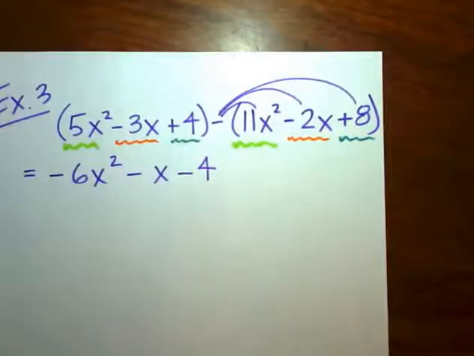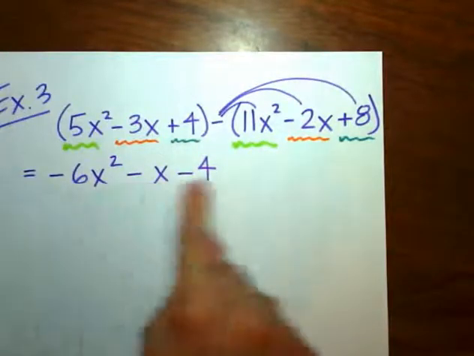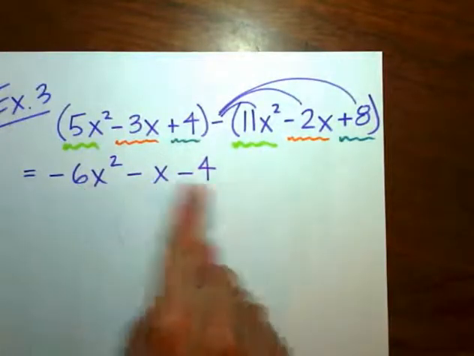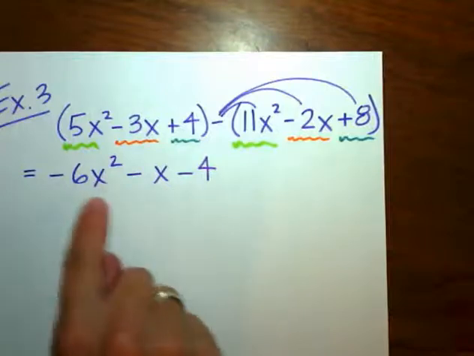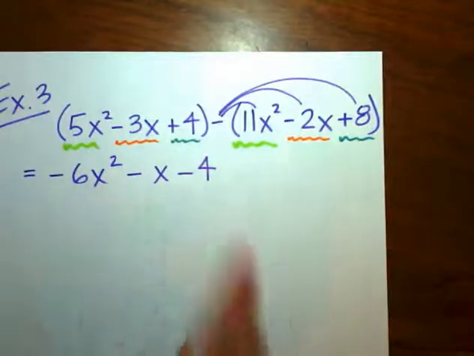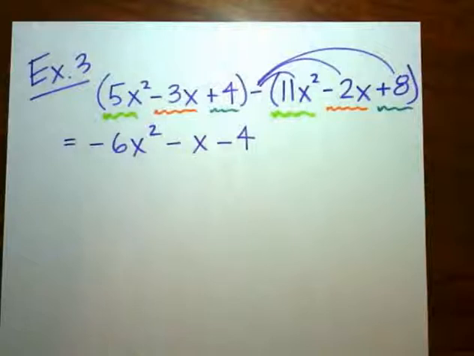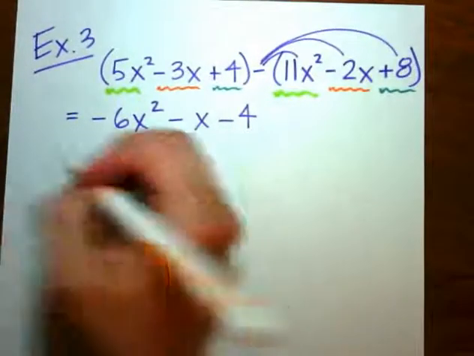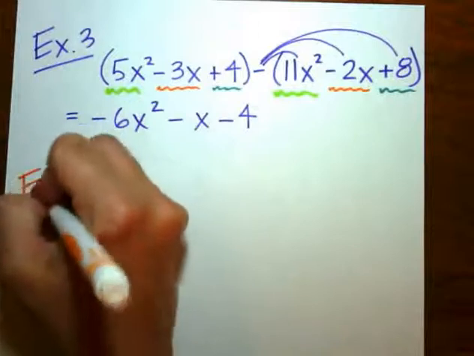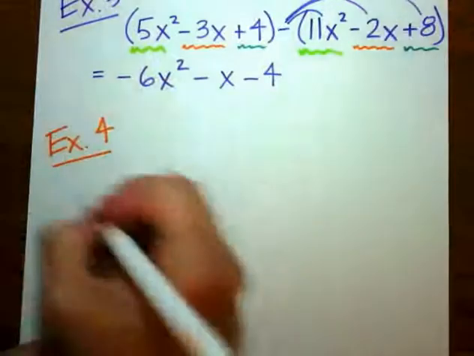So in the end, all of these should be unlike terms, because if they were like terms, you should have already put them together. All right, so let's try one more that has more than, let's see, example 4.